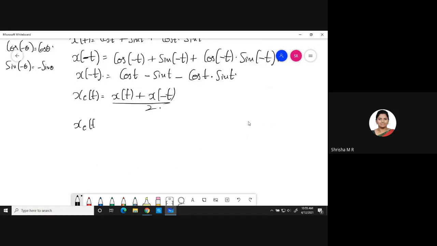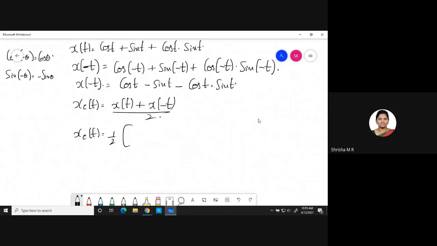So x_e of t is nothing but, I'll take half here. What is x of t? It's cos t plus sin t plus cos t into sin t. What about x of minus t? It's cos t minus sin t minus cos t into sin t.